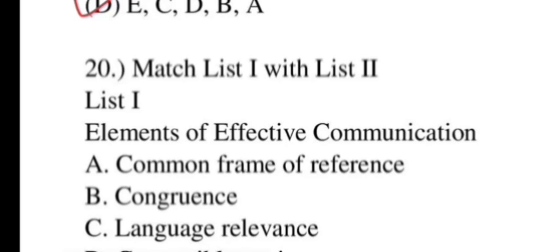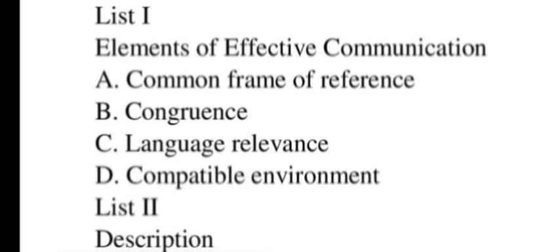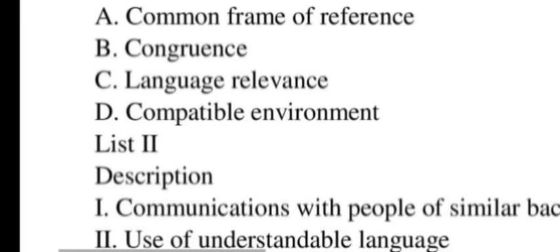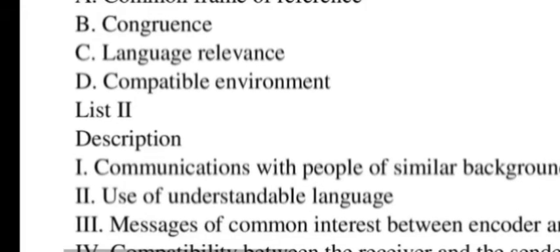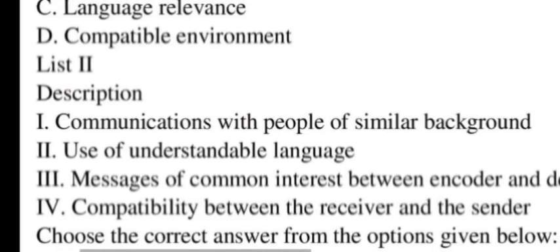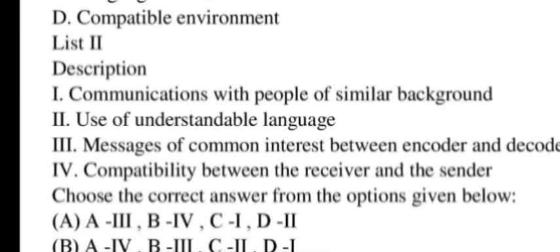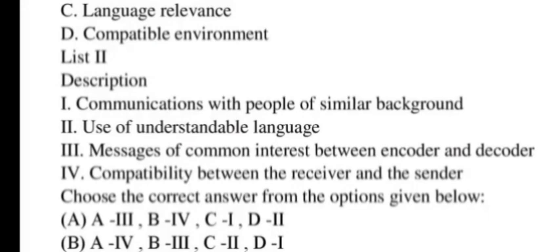Then number 20, match list 1 with list 2. In list 1 we have got elements of effective communication. It says A, B, C, D: common frame of reference, congruence, language relevance, compatible environment. Similarly, in list 2, description 1, 2, 3, 4: communication with people of similar background, use of understandable language or comprehensible language. 3 says message of common interest between encoder and decoder.